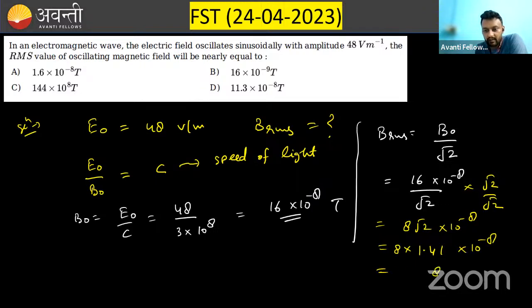Multiply it: approximately 11.28. That means 11.3 into 10 raised to the power minus 8 Tesla, which is option number D.